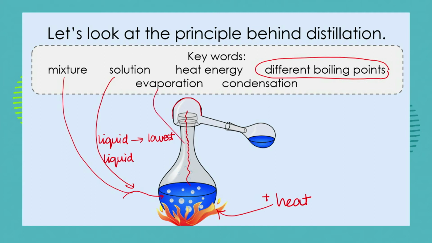So the evaporation is going to take place, and then it's going to condense in our little collecting vessel. What we will have left behind is the liquid with the higher boiling point, right? So we're separating the two liquids based on their different boiling points.